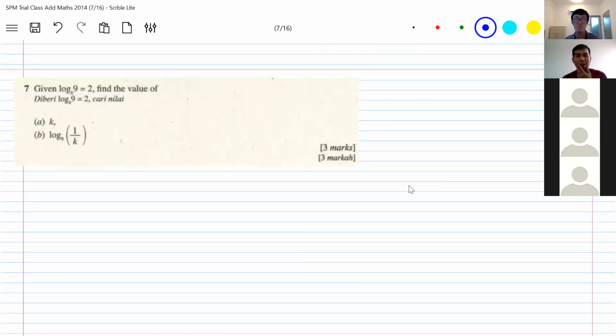This is a question for logarithms. Very often, if you see in papers, after indices, you will see logarithms. Correct? Yeah. After indices, you will see logarithms. They always come hand in hand.